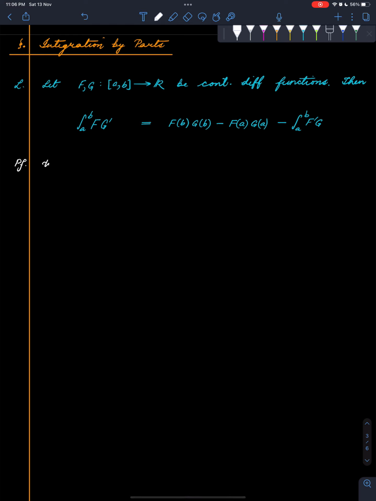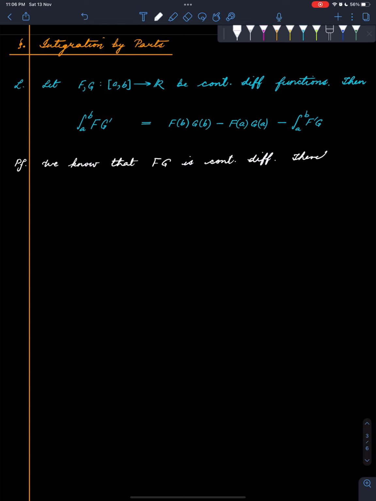We know that f times g is also continuously differentiable, because the product of two continuously differentiable functions is continuously differentiable.